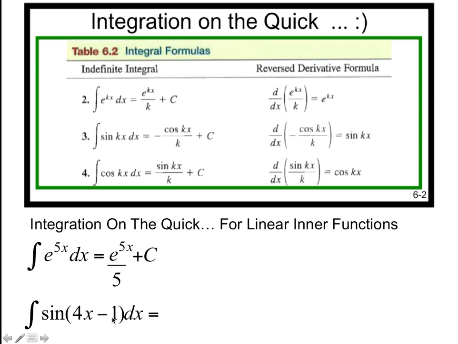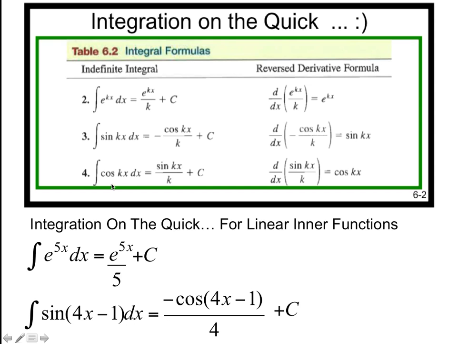Sine of 4x minus 1, that's linear. The antiderivative of sine is negative cosine, so we're going to have negative cosine of 4x minus 1 divided by the derivative of this, plus c. So in each case, we're just dividing by the derivative of that linear expression. The derivative of 5x is 5. The derivative of 4x minus 1 is 4.